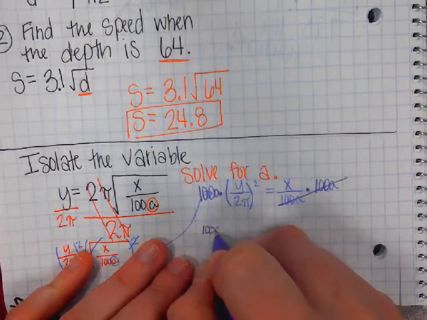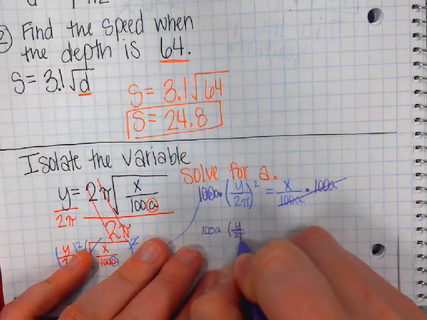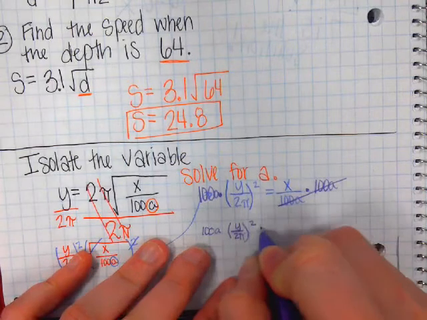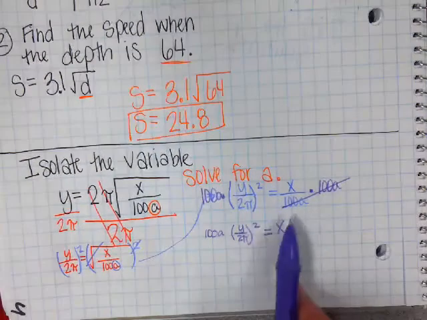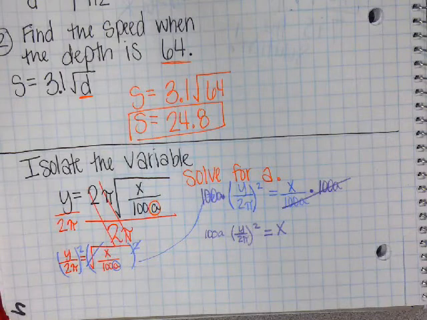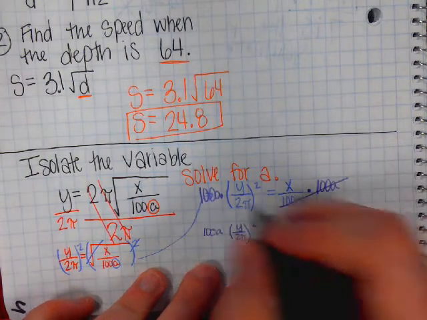So then it would be 100a times y divided by 2 pi squared equals x. If we were solving for x at this point, I would be done. But we're not solving for x, we're solving for a.